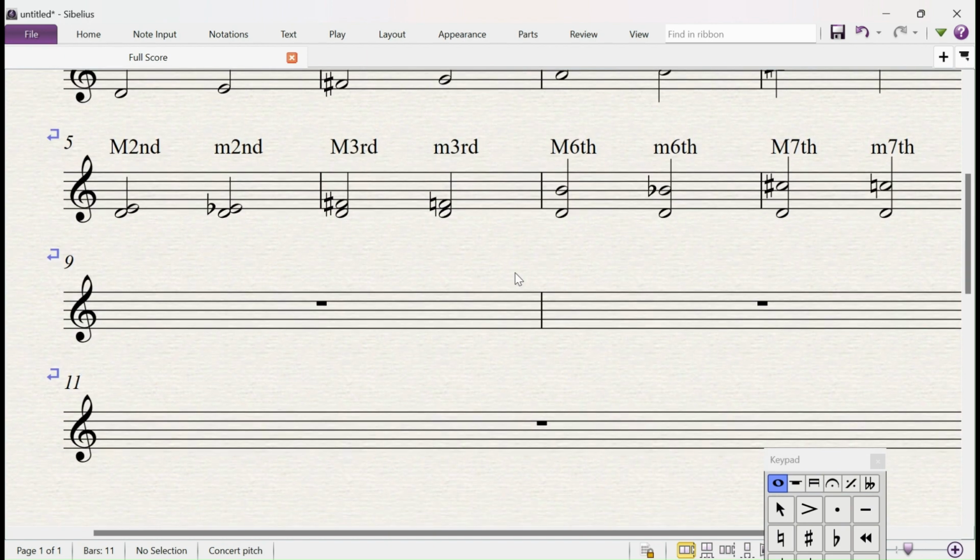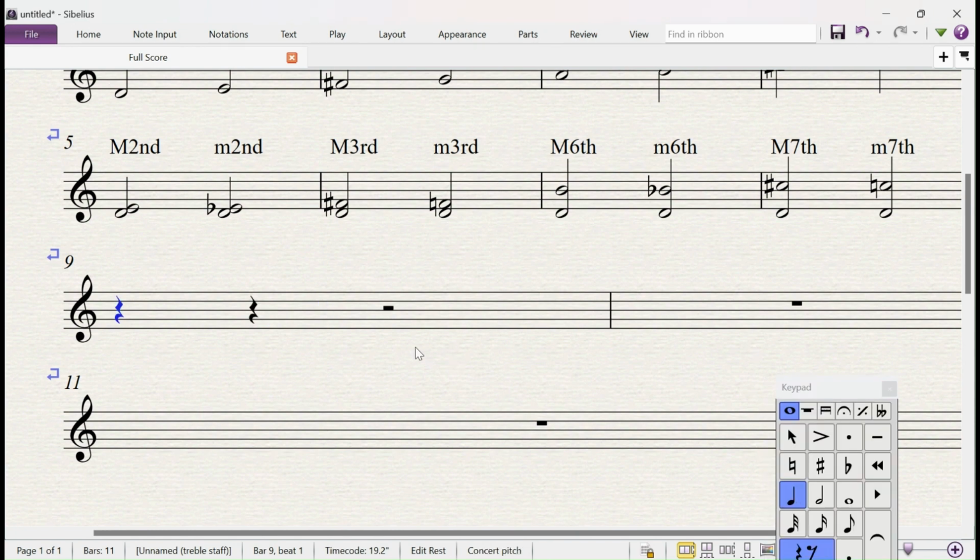And I want to digress and show you the first three notes of a major scale. The first three notes of your A major scale are A, B, C sharp.